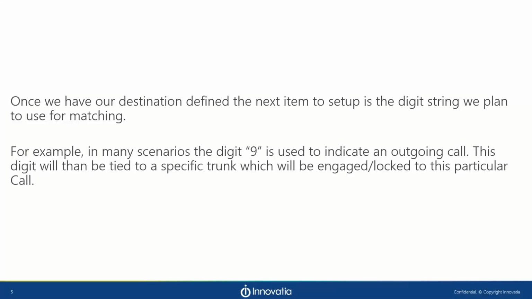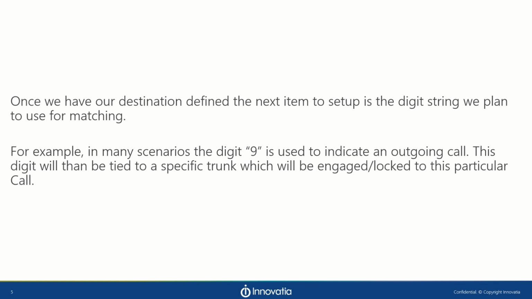Well, the act of dialing 9 in this case is basically the way the system will recognize that the digits following the 9 are to be sent externally. So they're not going to be for an internal destination, but rather they're going to be sent external to the local PBX system.